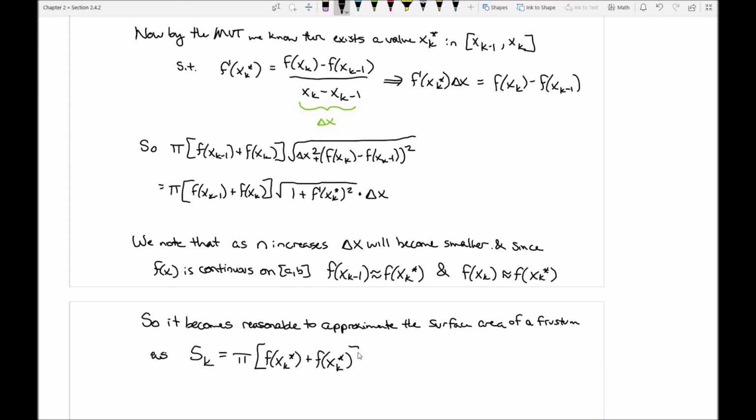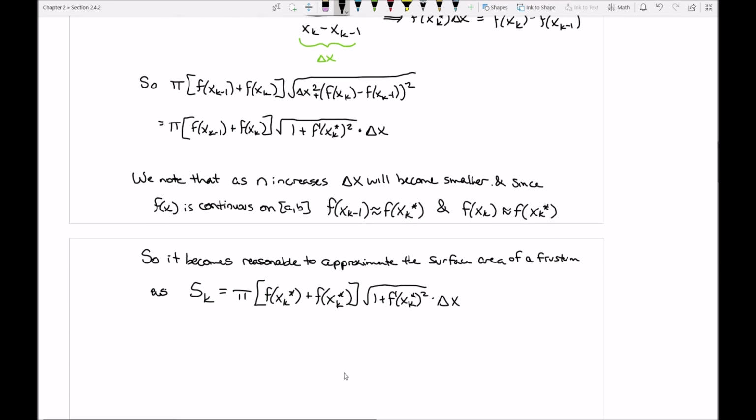And if I write this down, what I'll see is now I only have a single x that's actually being included in this big, complicated surface area approximation.